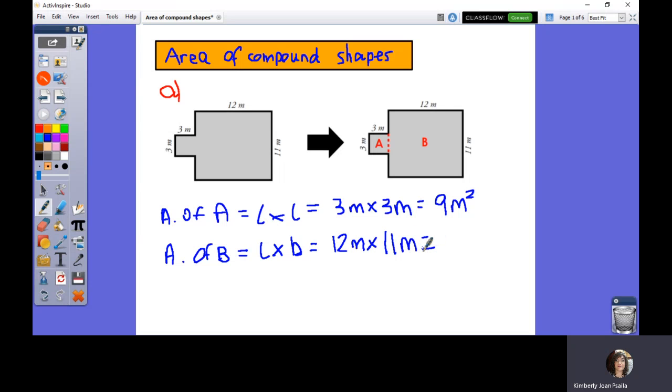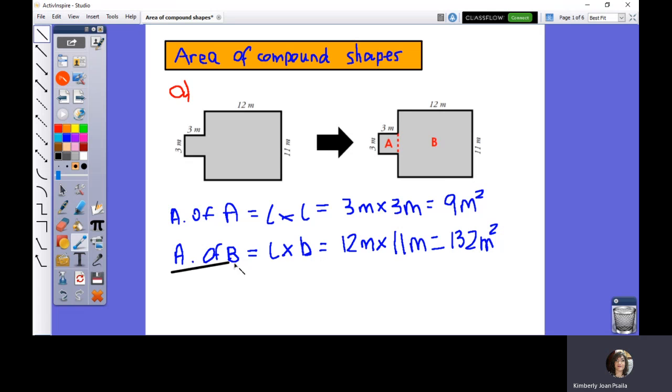Check your answer with a calculator or you can work it out mentally and you should get the answer of 132 meters squared.